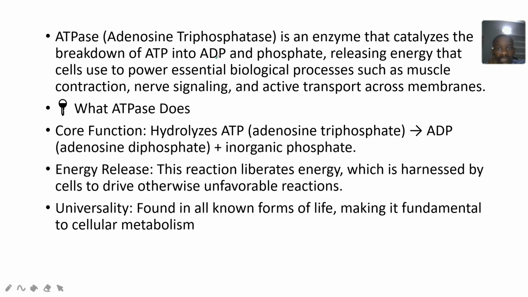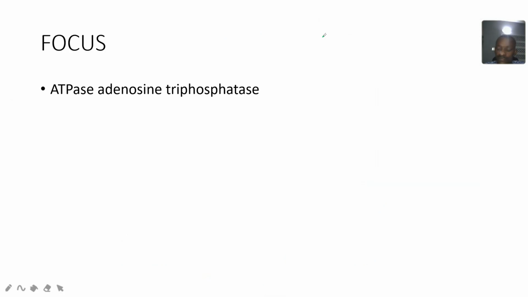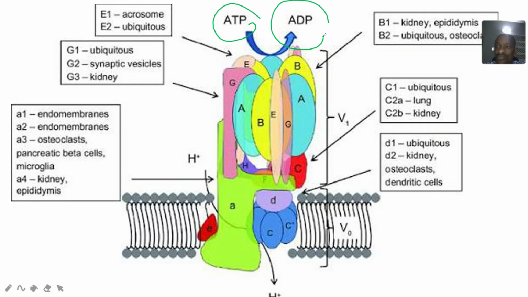And we said that it's an enzyme that basically makes one phosphate be taken out of ATP to become only two phosphates. That's adenosine diphosphate. So of course, when one phosphate is removed, energy is released.